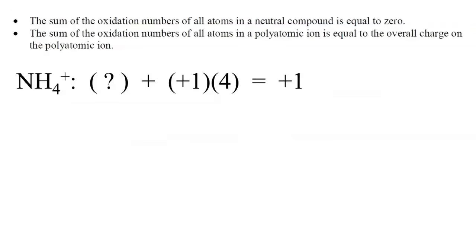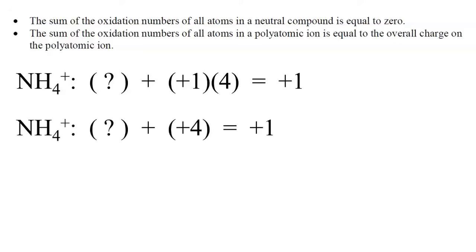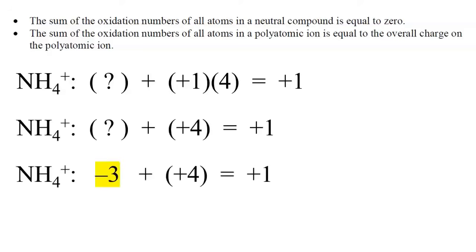So here's the NH4 plus. Remember that the sum of the oxidation numbers in a polyatomic ion is equal to the overall charge on that polyatomic ion. So if I have 4 hydrogens, each hydrogen is worth +1, that would be +4. The nitrogen would have to be -3 so that when I add them together, I get a +1 overall.